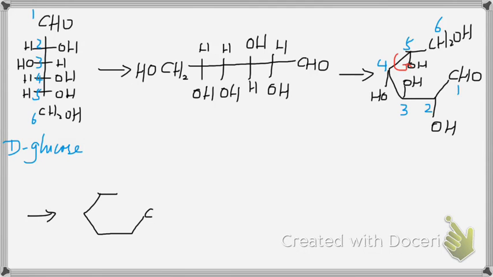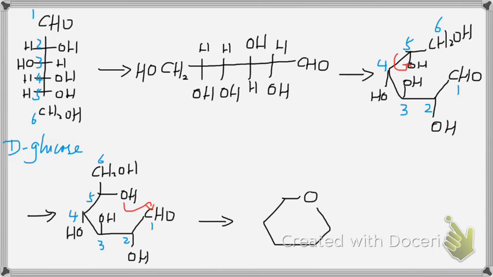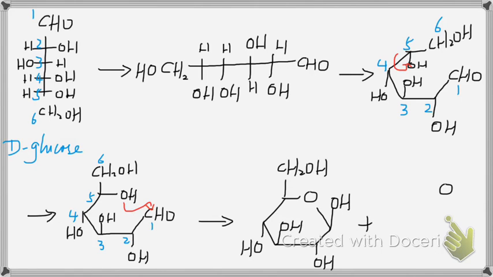After the rotation, carbon 5 OH is pointing to the right-hand side. At the same time, carbon 6 CH2OH will be pointing up. Now we can have the reaction. Carbon 5 OH forms a bond with carbon 1.